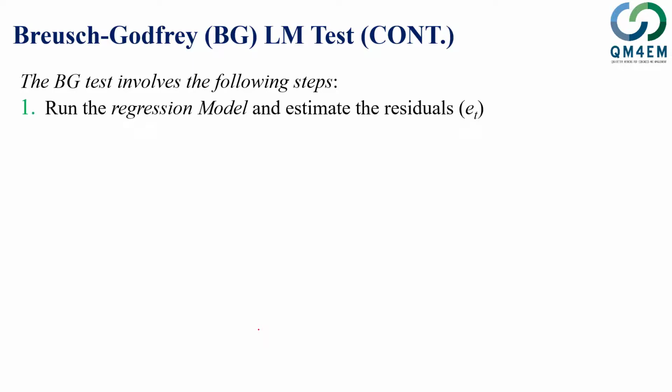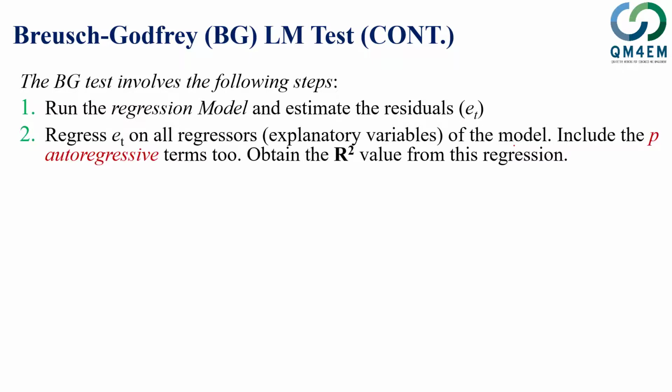First of all, we have to run the model and estimate the residual terms. So that's a straightforward task. Then we have to regress et on all the regressors, the explanatory variables, but we also have to include autoregressive terms in our model, and then calculate the R square of this regression.